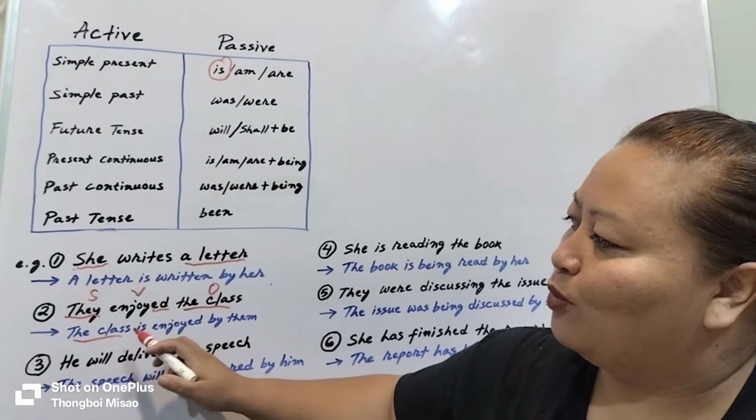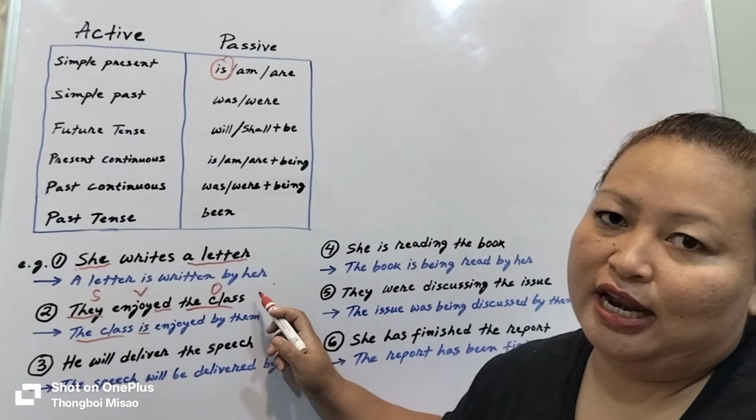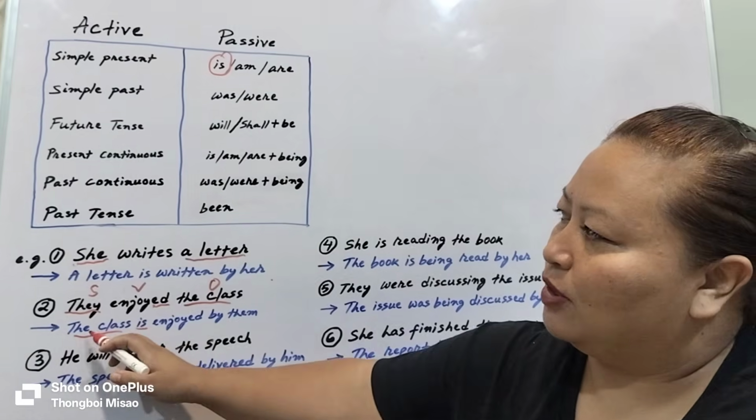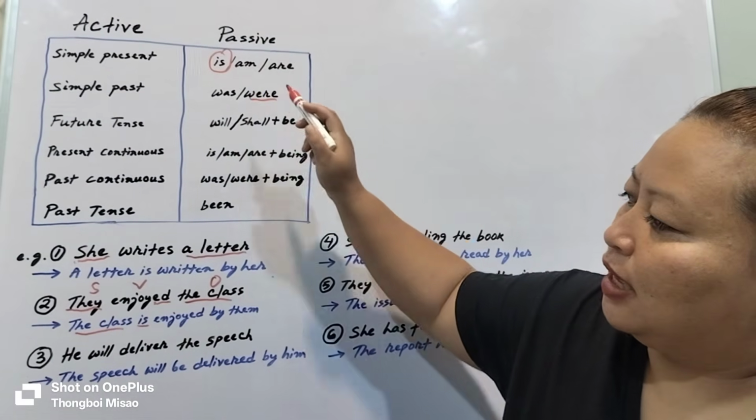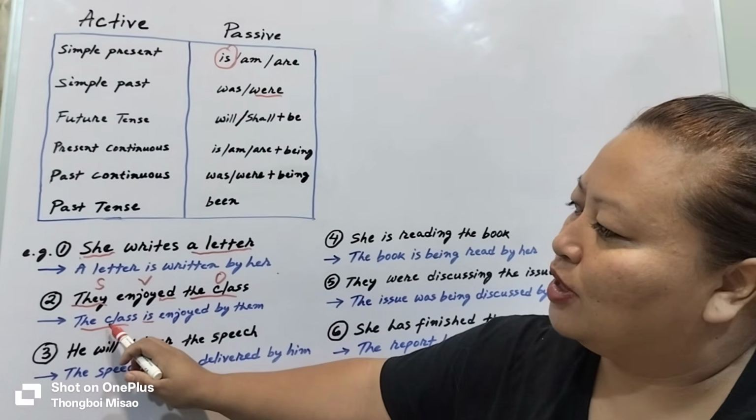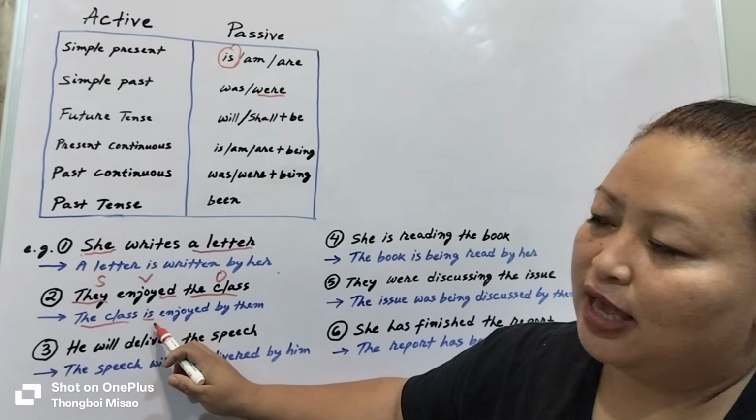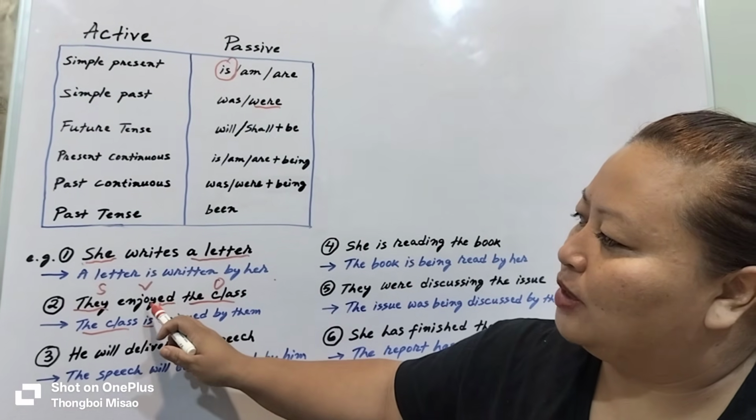The classes is plural, so we use were. The third participle of enjoy is enjoyed: the class was enjoyed by them.